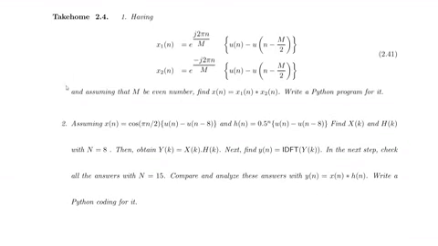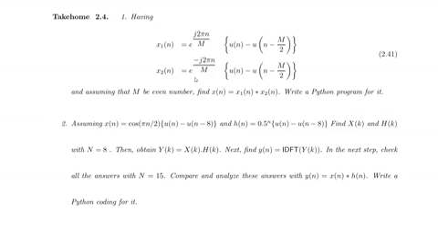Now, take home. Having x1 of n being equal to e to the power of j 2 pi n over M times a pulse with a duration you see here. It's a pulse, u of n minus u of n minus M over 2.